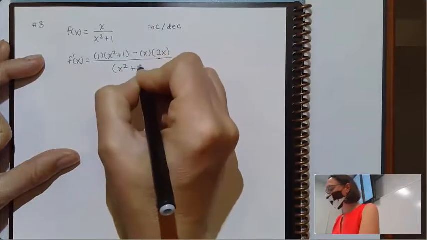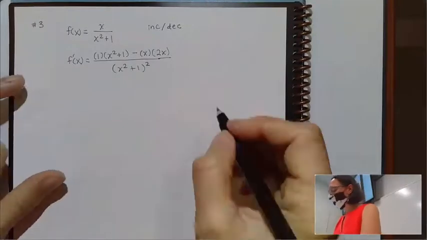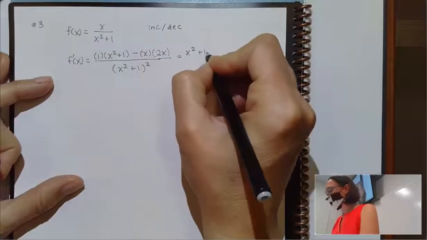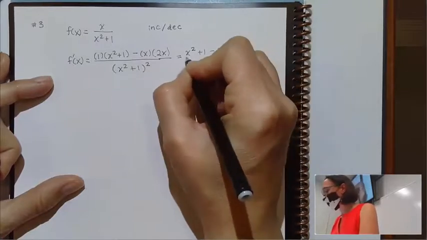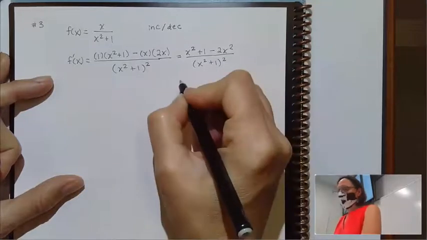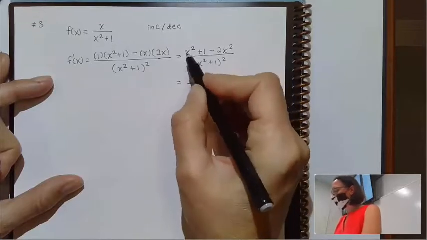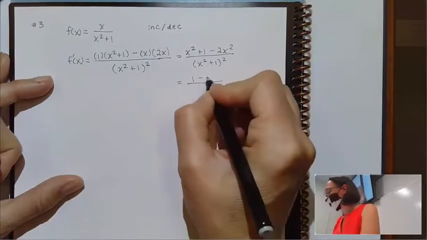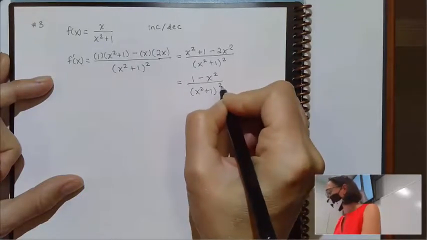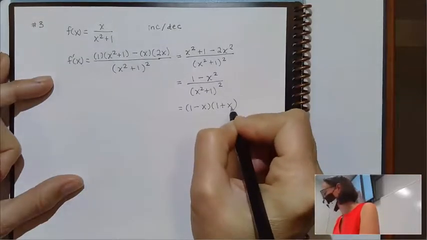Then we need to take the entire denominator and square it. Well, on top, when we multiply everything out, that's going to look like x squared plus 1 minus 2x squared. Which means x squared minus 2x squared leaves me with 1 minus x squared. And I would choose to factor that as 1 minus x times 1 plus x.